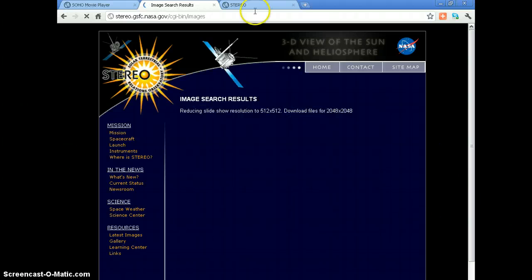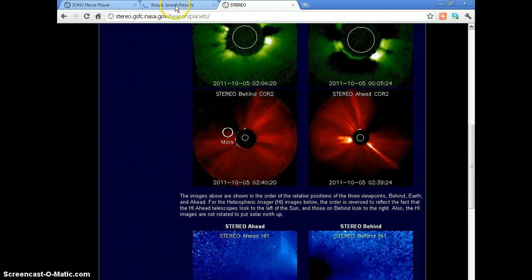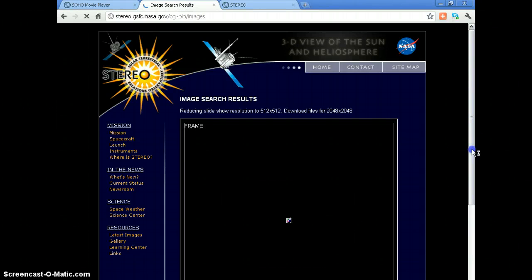One of the things that we know from looking at this is that Mars is over in this area on the Behind COR2, and it's going to load up there. So we're looking at COR2 right here, and it's already UTC time. So let's have a look what we see here.